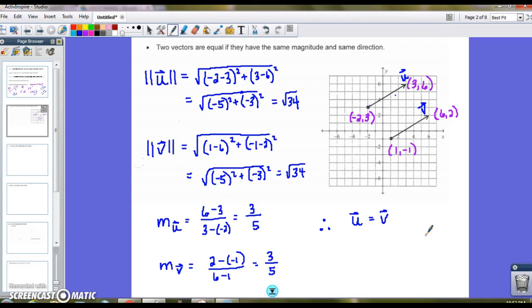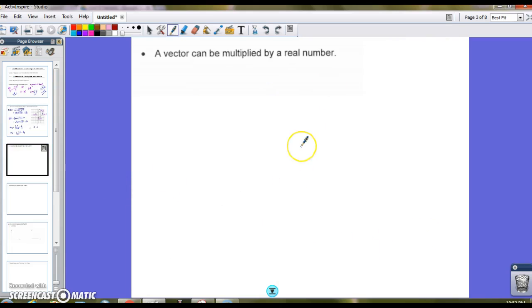If we go on to the next page, a vector can be multiplied by a real number. When we multiply by a real number, we change the magnitude, but we don't change the direction.